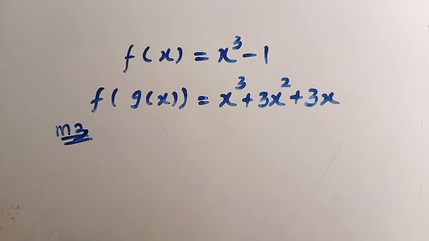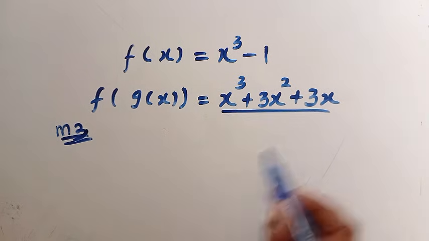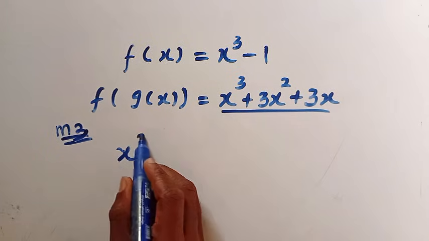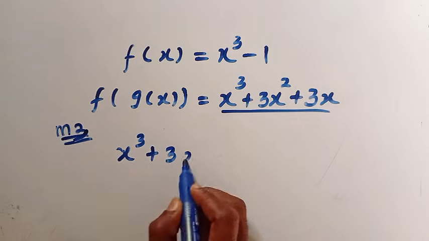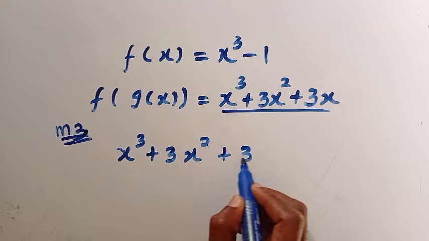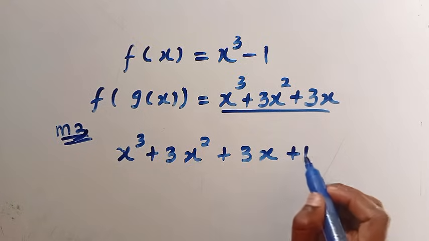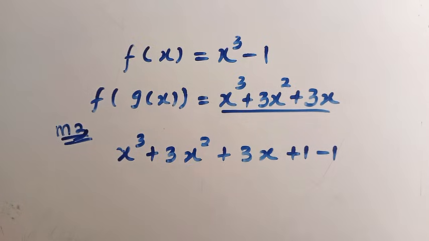For method 3, this can be solved in just 5 seconds. When we look at this, we have x cubed plus 3x squared plus 3x. Suppose I add 1 and subtract 1 from here.